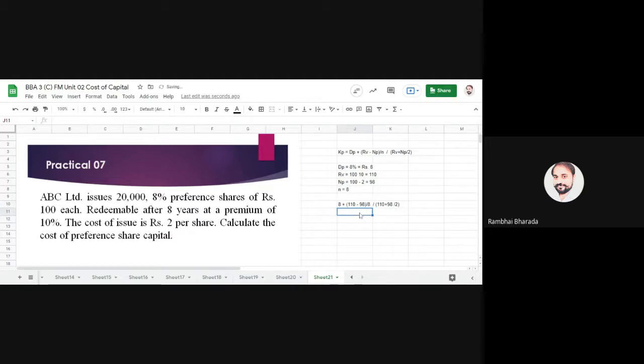Always first we work on the internal brackets. So 8 plus remains the same. Now 110 minus 98, 12 upon 8, upon 110 plus 98, 208 upon 2.